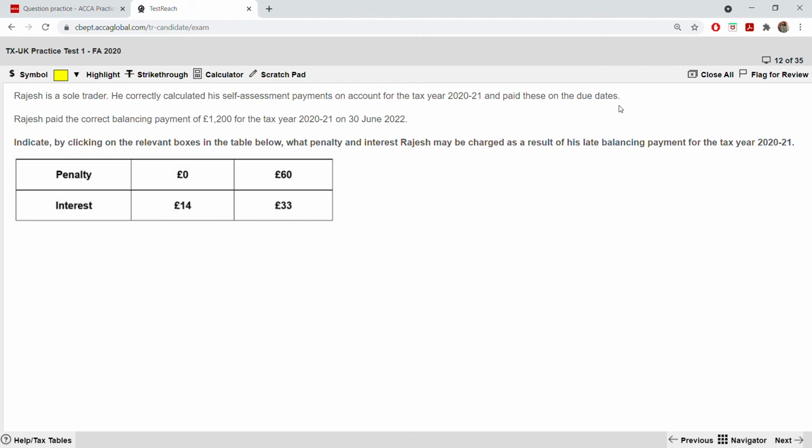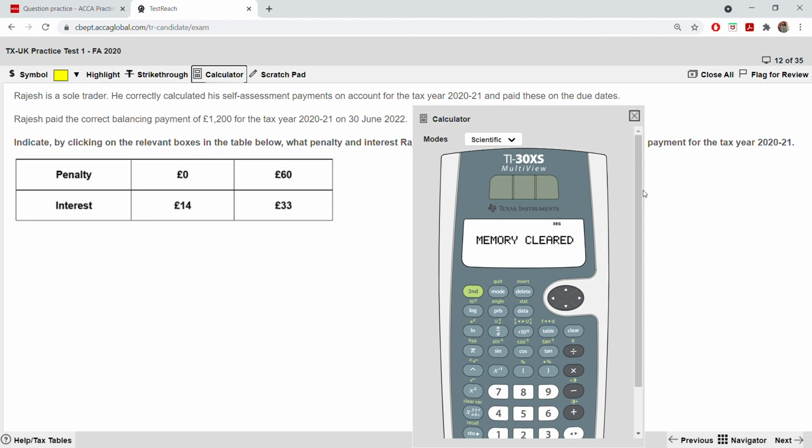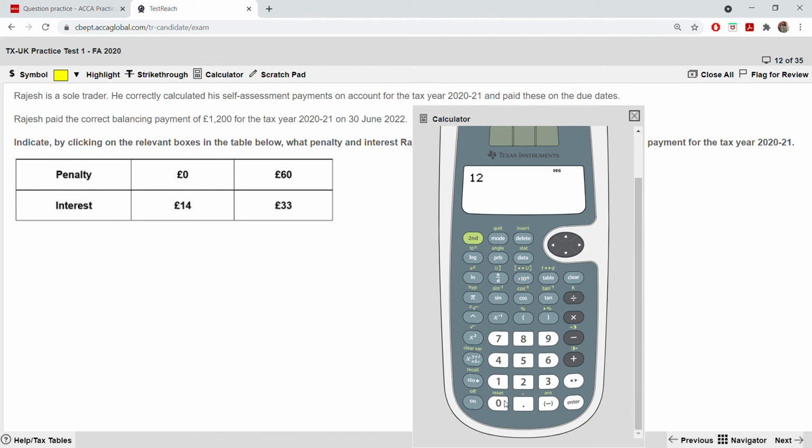Let us take the calculator. So it will be 1,200 multiplied by 5 divided by 12. This you can even put in the bracket, better to put in the bracket.